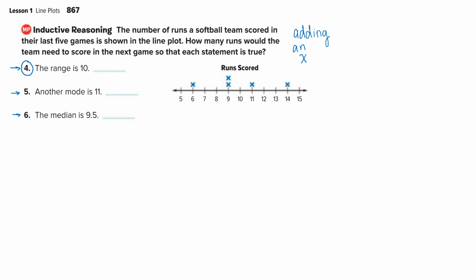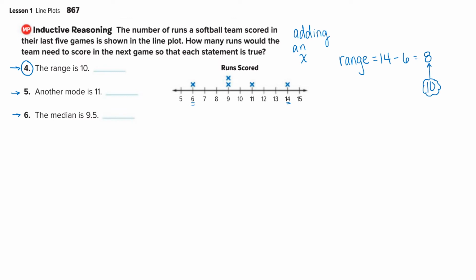All right, well, let's find out what is the range now. Well, we have range equals the maximum, which is 14, minus the minimum, which is 6, and that equals 8. We want the range to be 10.